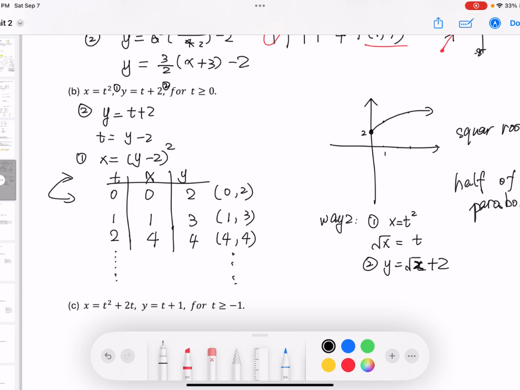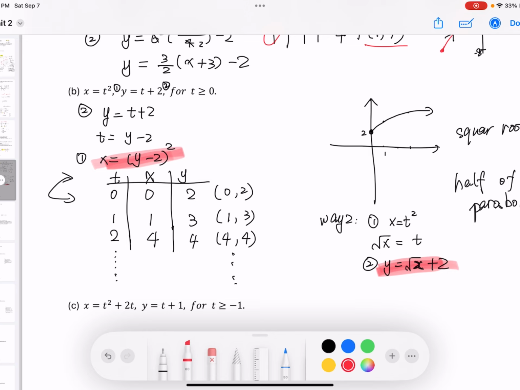Even though my expression here doesn't have a t and looks different, we still say they are the same because they represent the same thing, which is the square root function or the half of the parabola. In college algebra, we have learned y equal to the square root of x is the square root function.